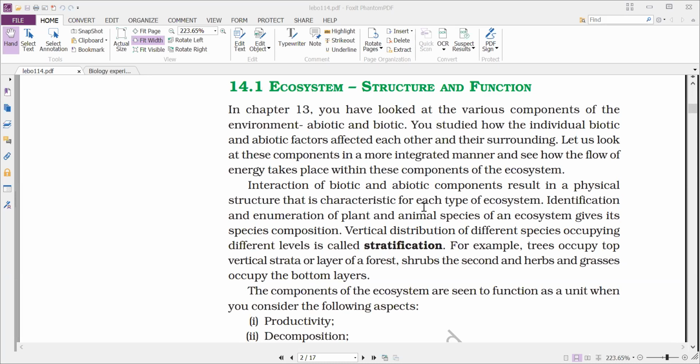If you take a forest, in that vertical strata, the top layer is occupied by the big trees, the second one is occupied by the shrubs, a little bit smaller when compared to trees, the third one is occupied by the herbs, which are smaller than shrubs, and the bottom layer is occupied by the grasses.